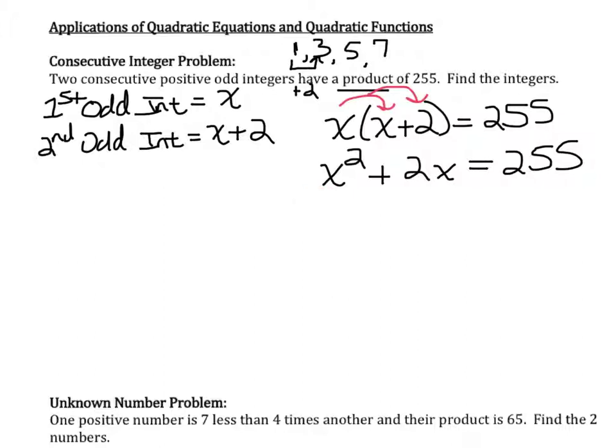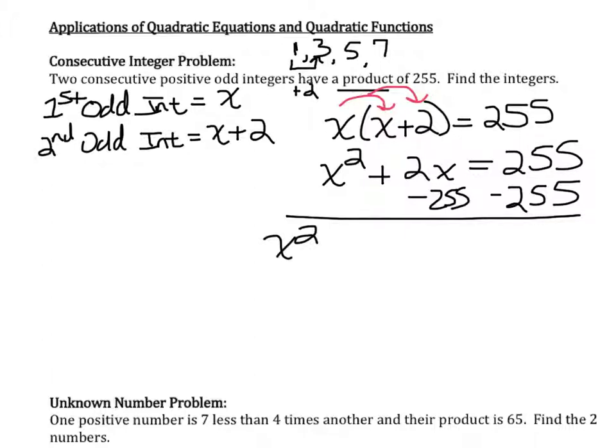So I need everything on one side set equal to 0. Therefore, I'm going to subtract 255 from both sides. On the left-hand side, nothing combines, I don't have any like terms, so I'm going to leave this as x squared plus 2x minus 255. And on my right-hand side, 255 minus 255 cancels, or you can think of that as just 0.